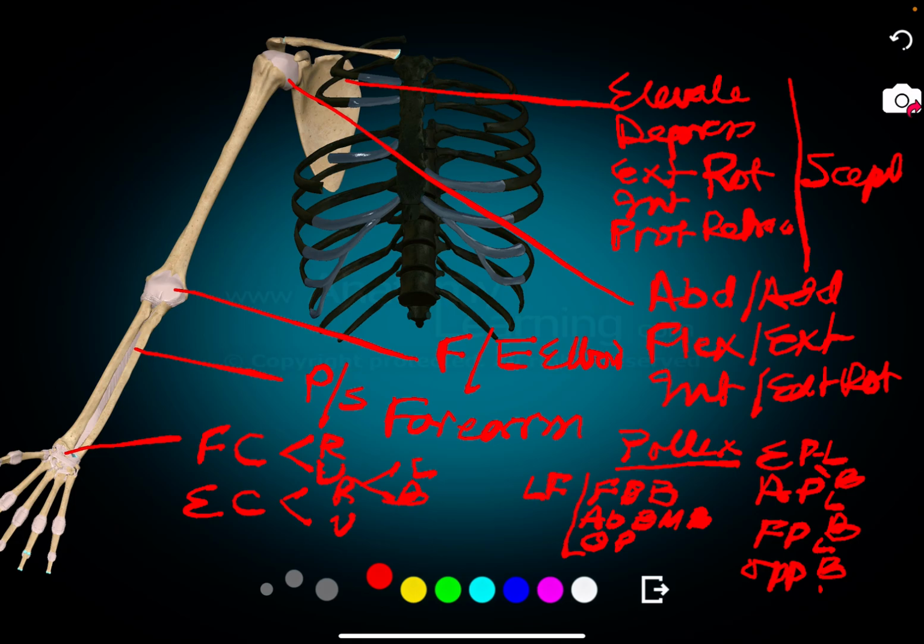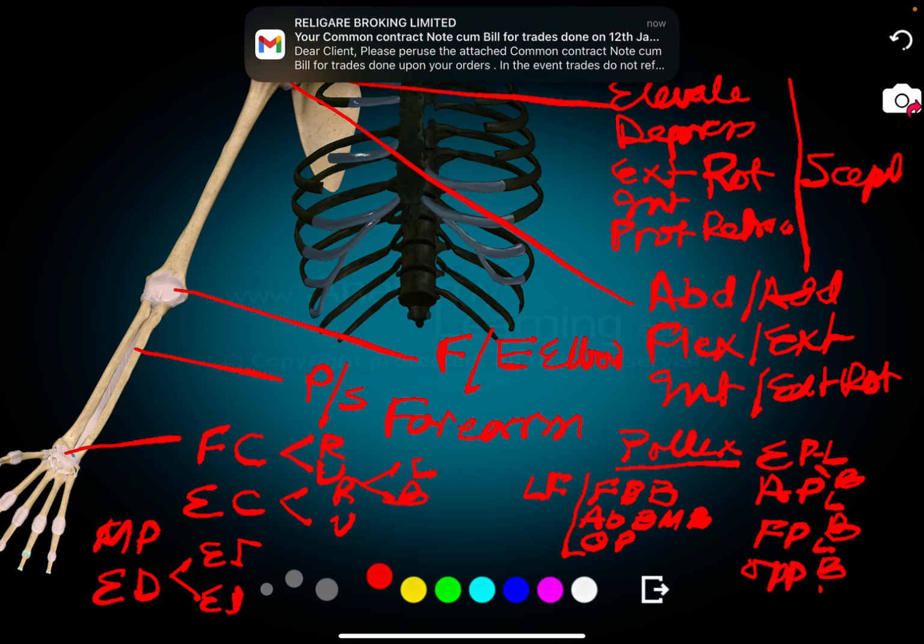Then the muscles that would extend, the extensors of the carpus we have covered. The extensors of the MP joint are extensor digitorum, helped by extensor indicis and digiti minimi, and extensors of the thumb we have covered are extensor pollicis longus and brevis.